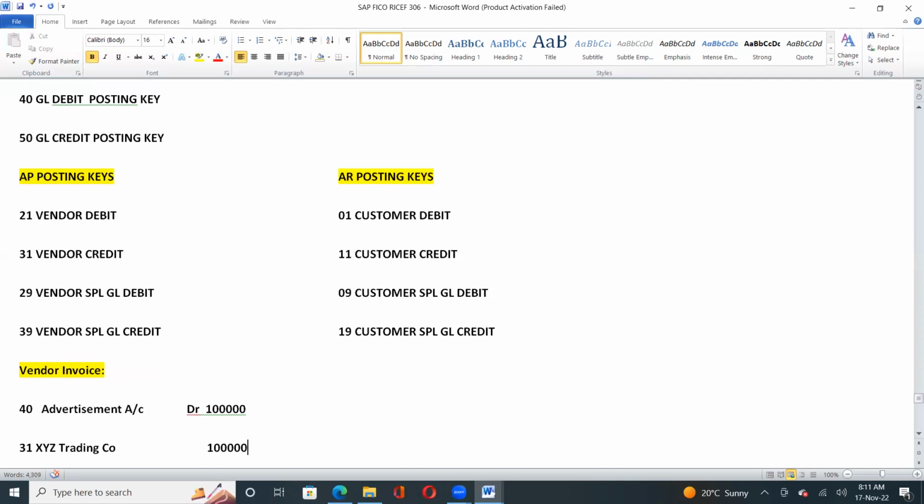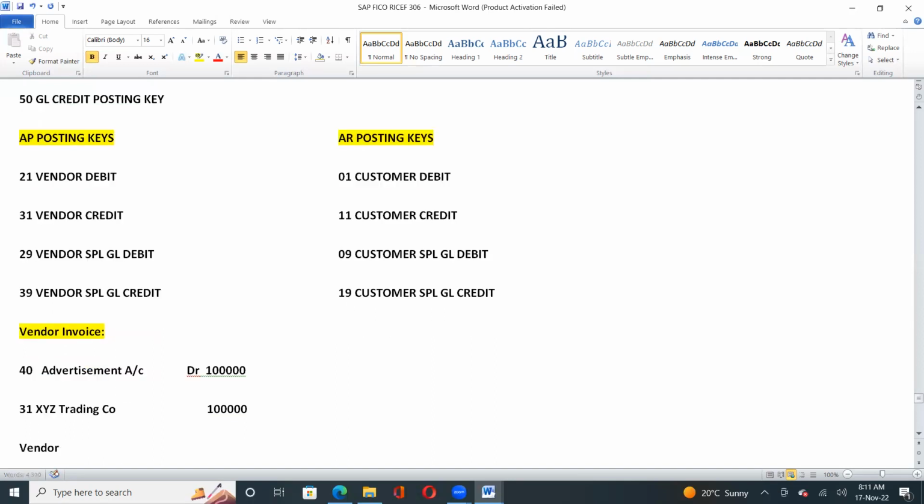And next one, vendor debit memo. Normally we call it a credit memo over there.